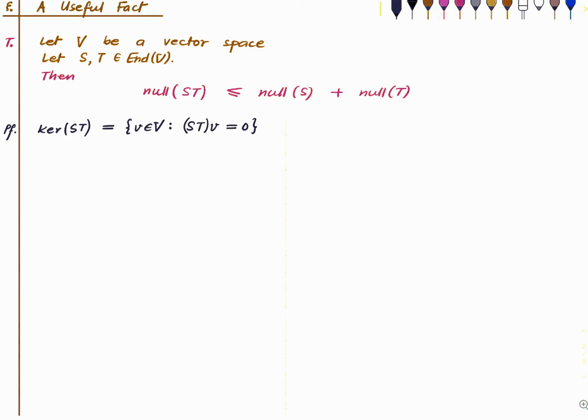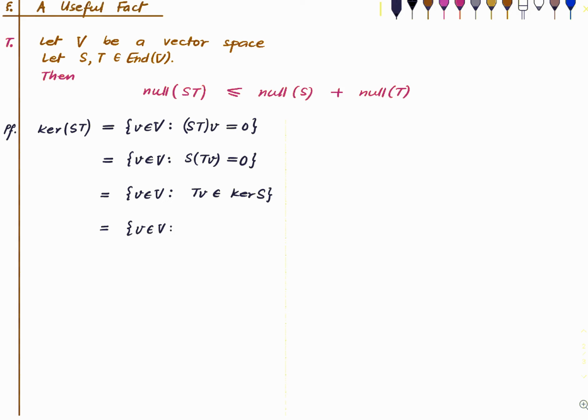So that's what the kernel is, which, just rewriting, is the same as saying those vectors such that T of V is in the kernel of S, right? Saying that S of T of V is 0 means the same thing as T of V is in the kernel of S.